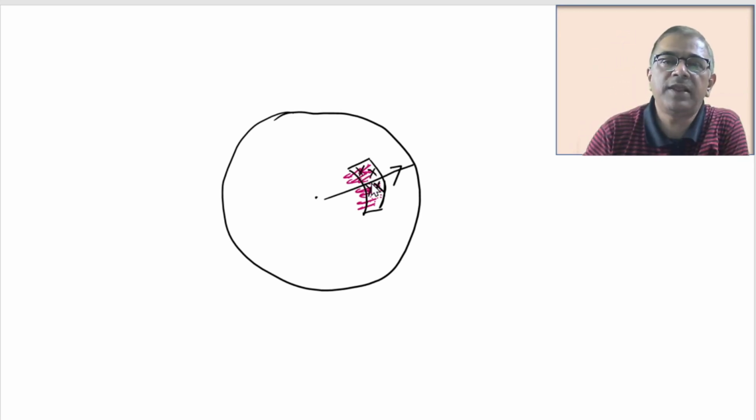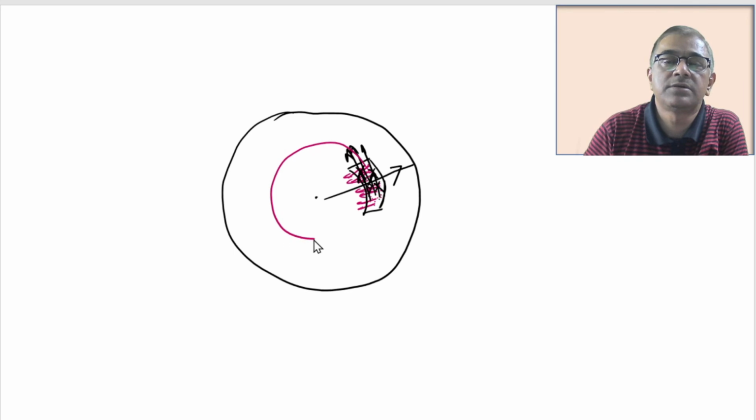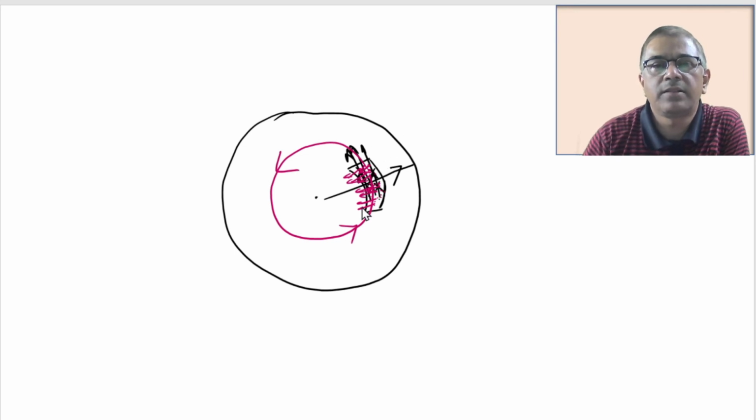All the free electrons will experience force like this, and because of the collective force, the whole disc has to move in the direction the magnet has been moved. So we understand that the disc should rotate in the direction in which the magnet has been rotated. That's fairly fine.